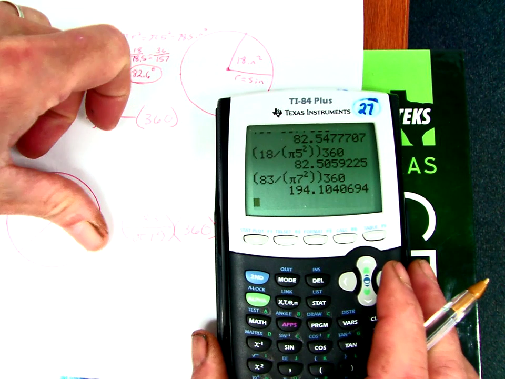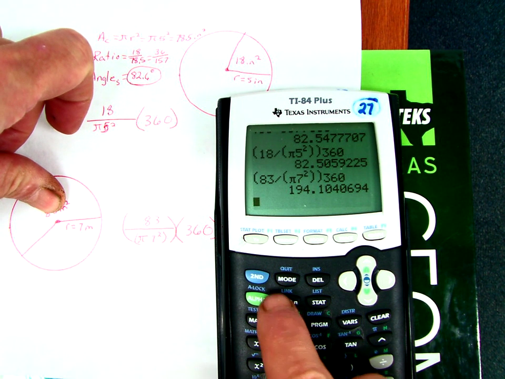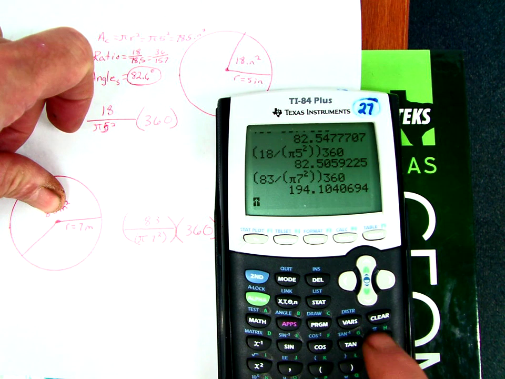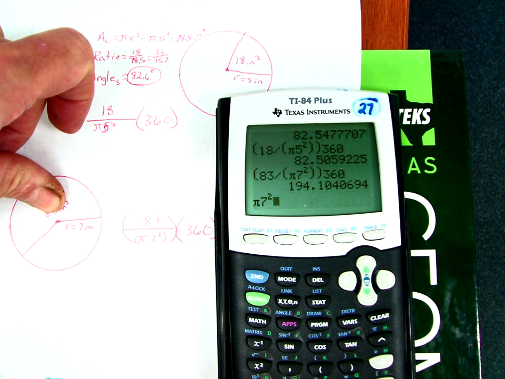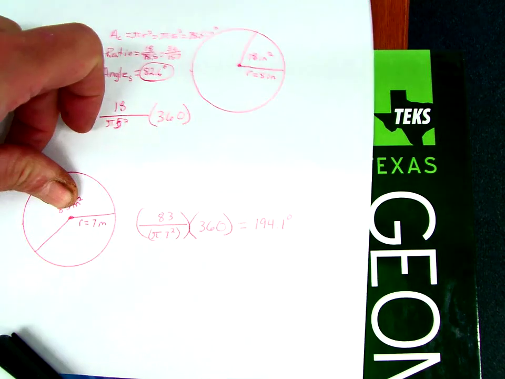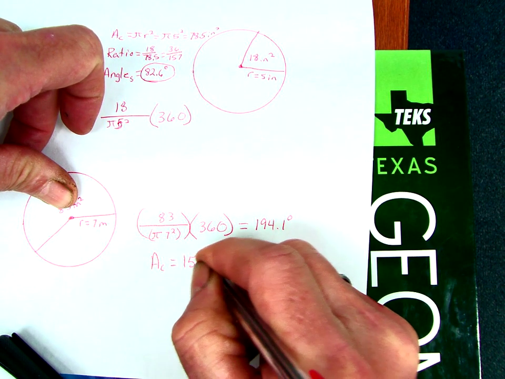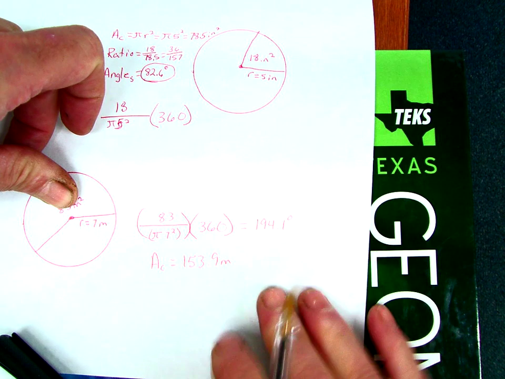So first I find the area of the entire circle. That's pi r squared. So pi times 7 squared equals 153.9. The area of the circle equals 153.9 meters squared.